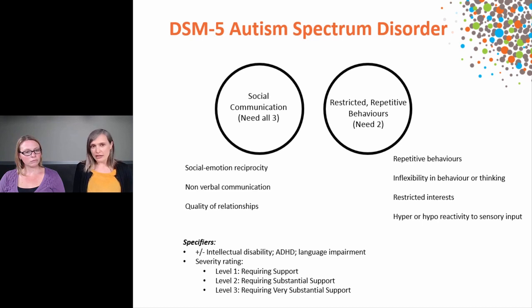So thinking about these areas in a bit more detail, Joe's already mentioned some of the social communication difficulties that we would look at. The first of these is social emotional reciprocity. We use the term reciprocity because we're interested in the back and forth relationship between a person with autism and another person. So we're interested in how a person approaches a social situation.